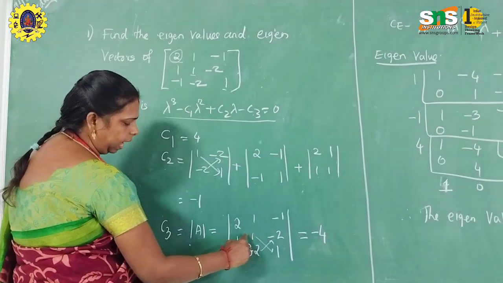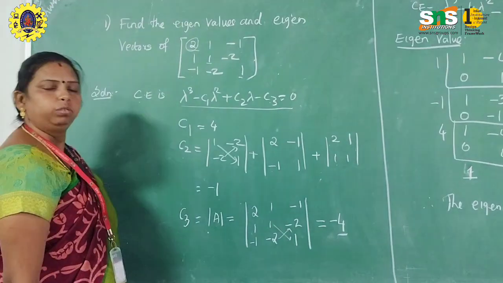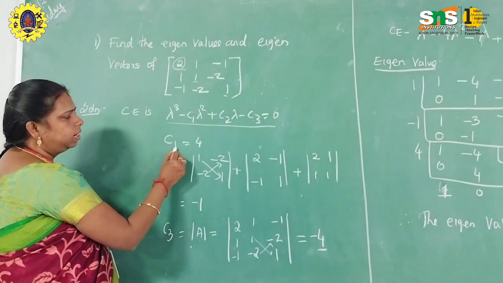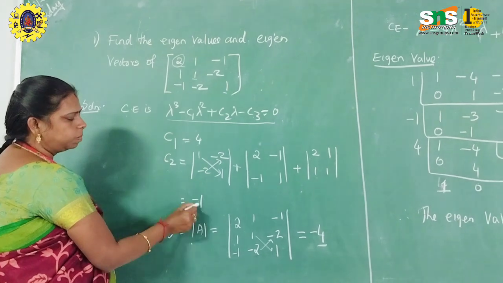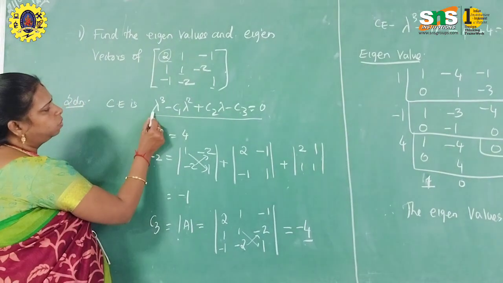Calculating, we get C3 as -4. So the three constant values we got are C1 is 4, C2 is -1, C3 is -4. Substitute these values here.